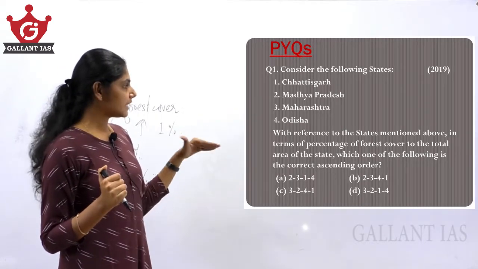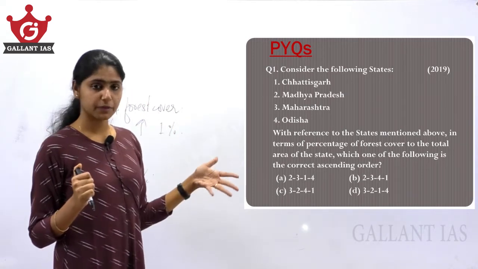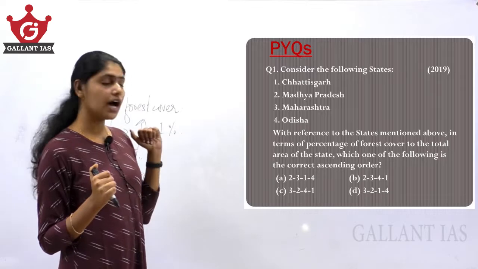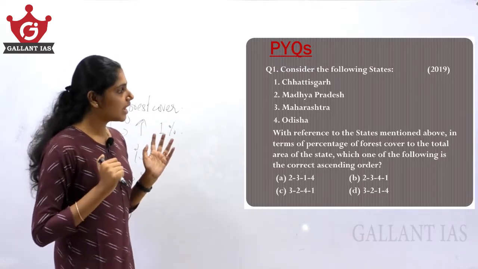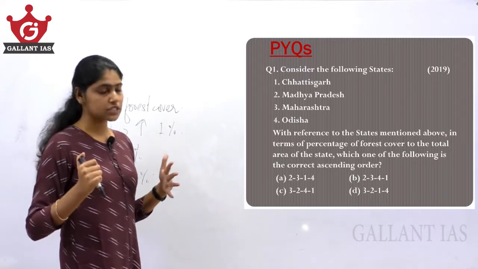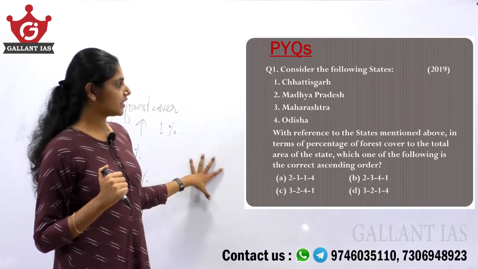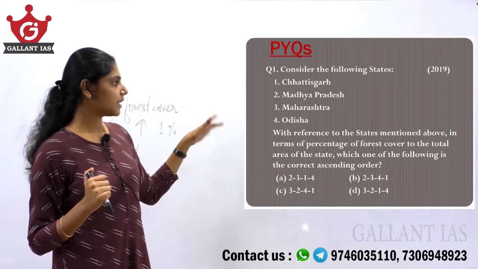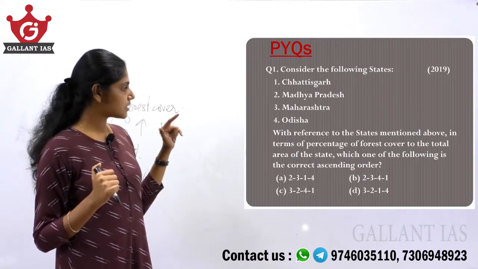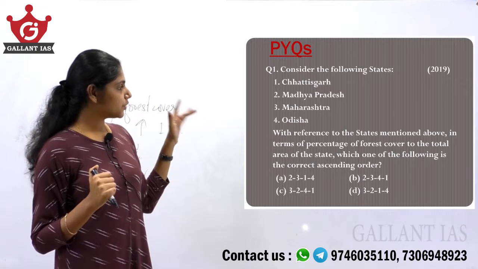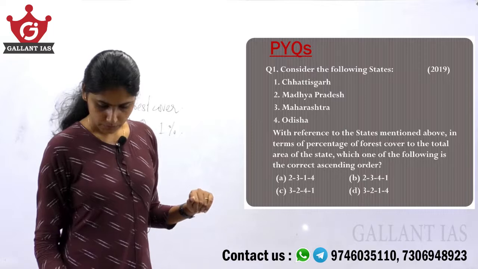Okay, so then comes Madhya Pradesh, which is about 25%, and then comes Odisha, about 39%, and the last is Chhattisgarh, which is much more, about 41%. So here actually the correct order is Maharashtra, Madhya Pradesh, Odisha and Chhattisgarh. So answer is 3, 2, 4 and 1. So option C will be your right answer.